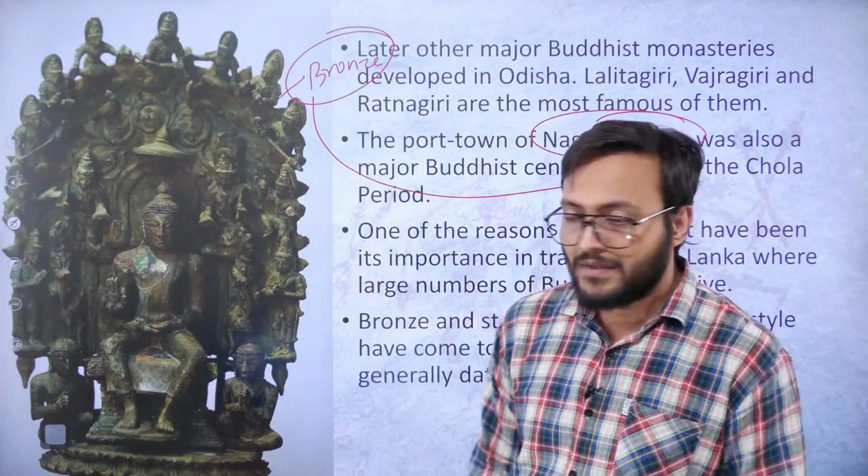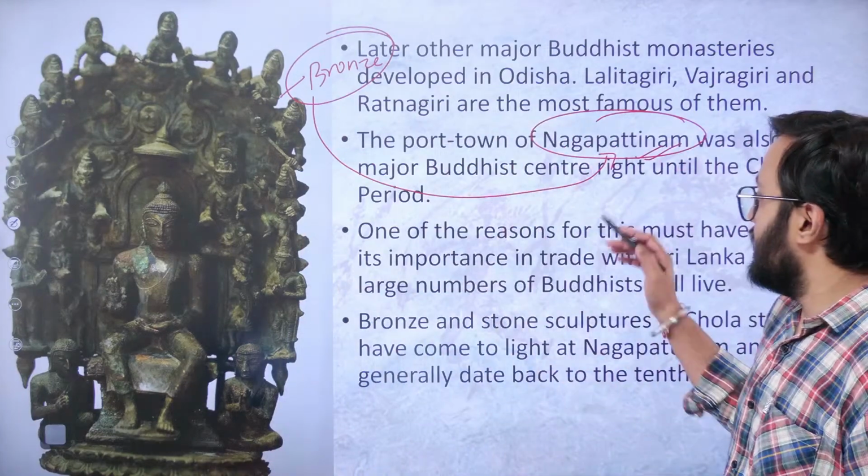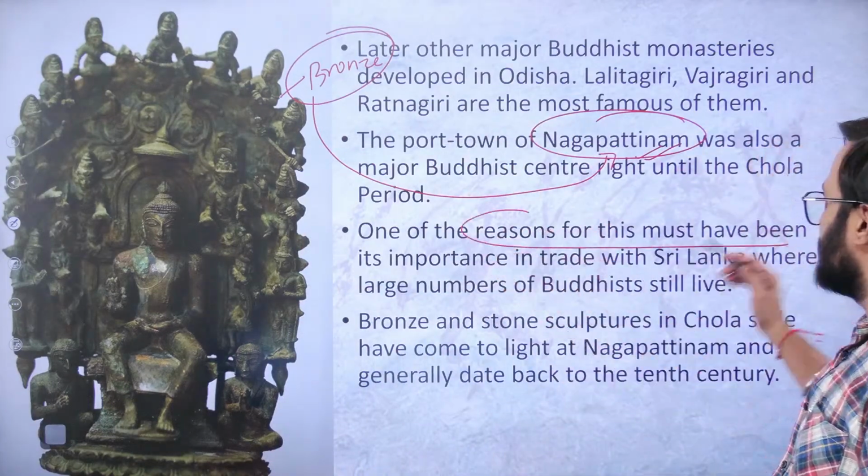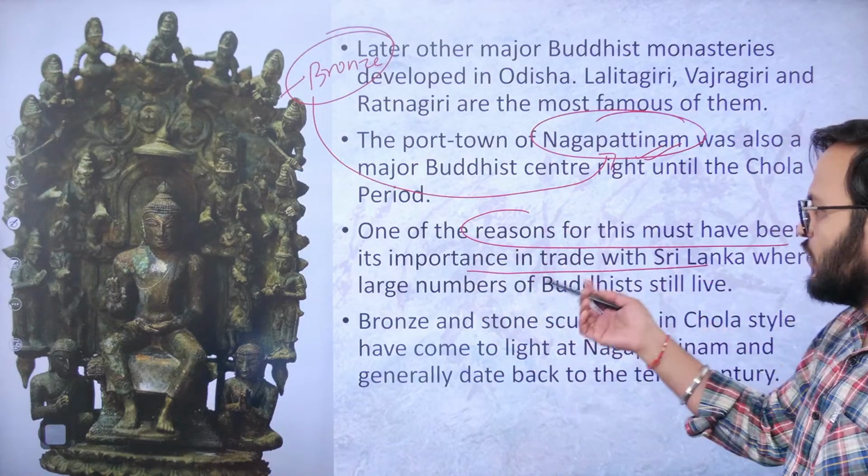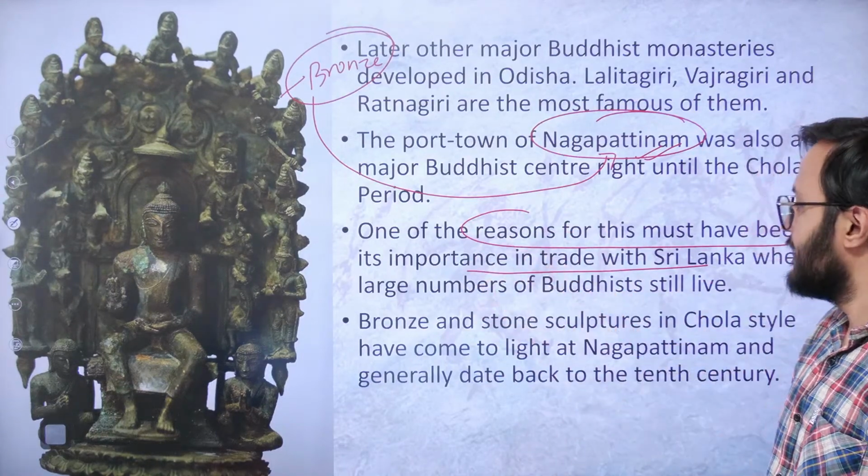And as we all are aware that the traders and the merchants, they supported either Buddhism or Jainism. So this time they were supporting Buddhism. Why so? Because Buddhism was their conventional religion since the period of Ashoka. That is why they continued supporting the Buddhism. Okay. Now, one of the reasons for this must have been the importance in the trade. As I told you, the trade was very significant.